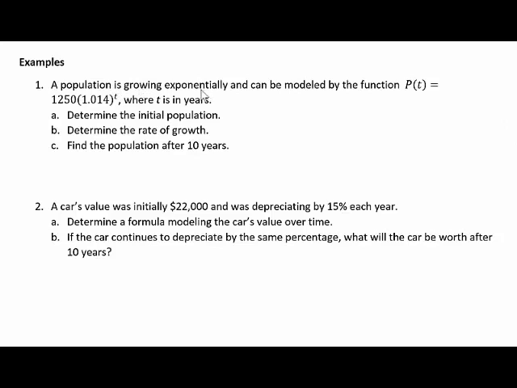A population is growing exponentially and can be modeled by the function P(t) = 1250 times 1.014 to the t, where t is in years. Determine the initial population. The initial population occurs when t is equal to 0.